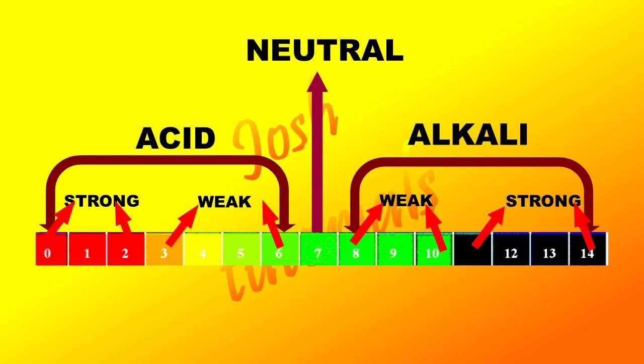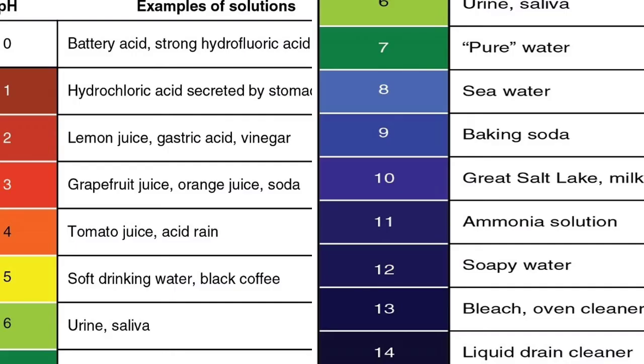If it is 7, it is neutral. 8, 9, 10 is a weak base or weak alkali. From 11, 12, 13 and 14, it is a strong alkali. From 0 to 6, the concentration of H plus ions is more. And from 8 to 14, the concentration of OH minus ions is more.